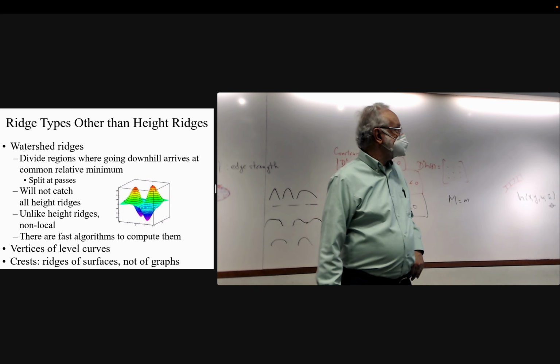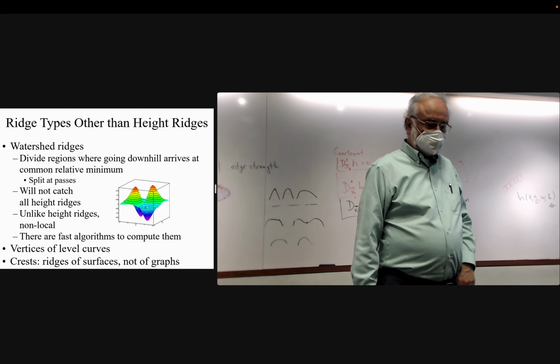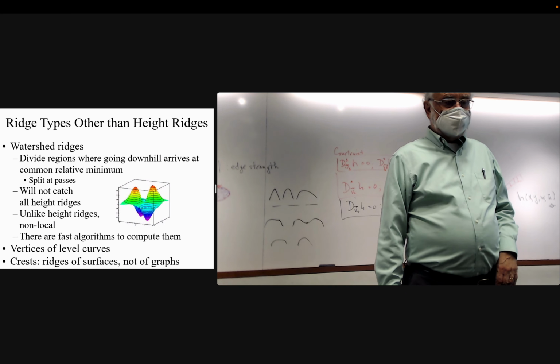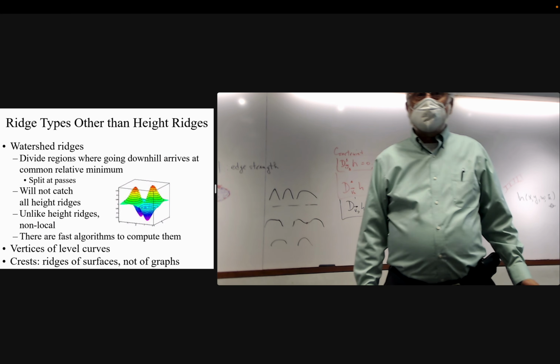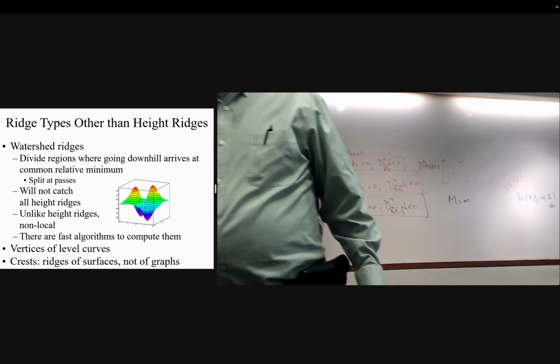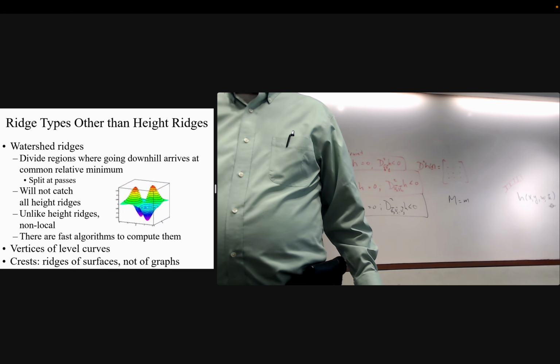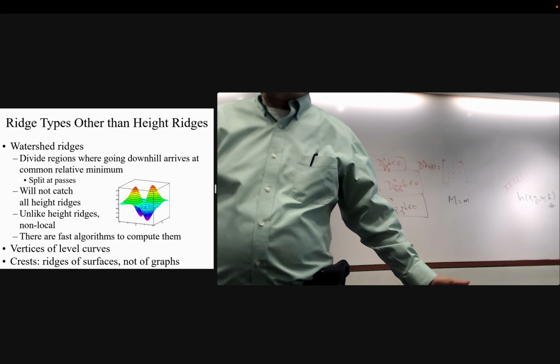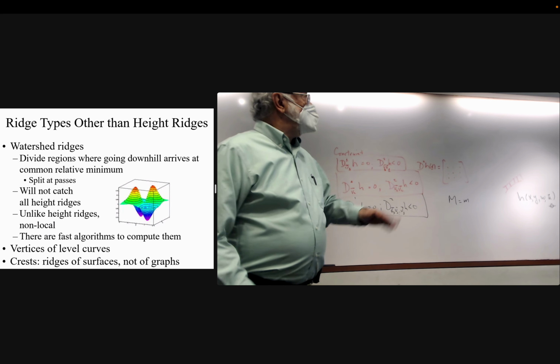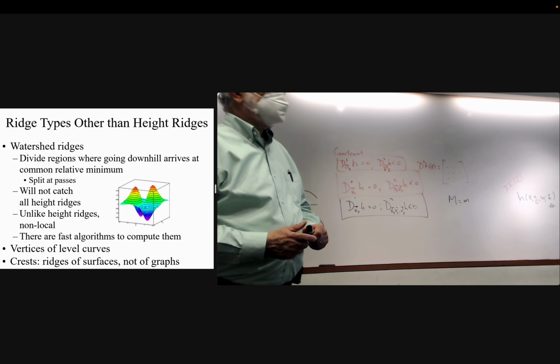And it turns out that you want to take these derivatives typically at multiple scales, and it's very easy to use a multi-scale analysis. And that's the so-called Watershed Ridge.